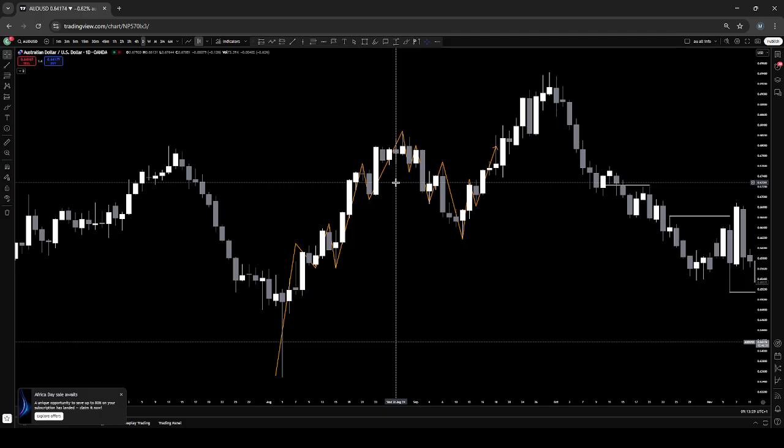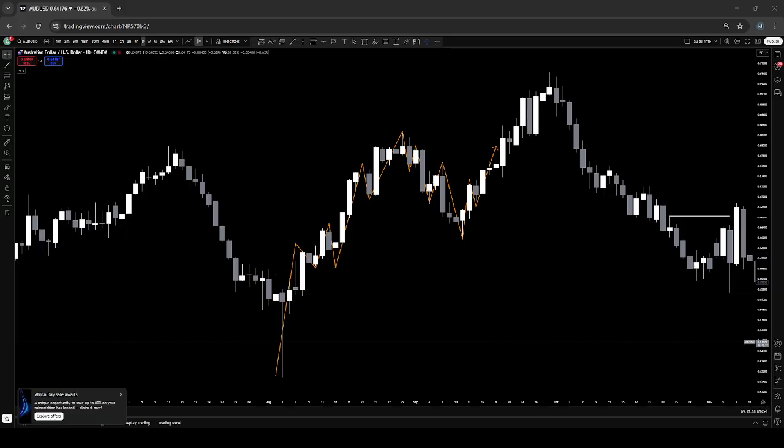Trading is actually a game that is played by both your understanding of what price should do and then how you now engage what you anticipate price to do.